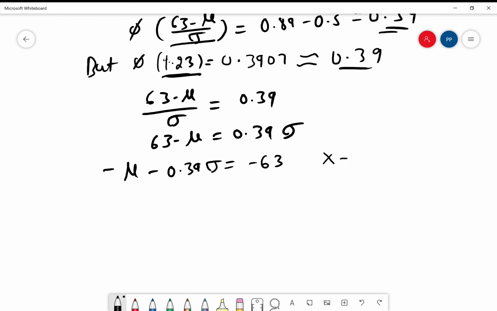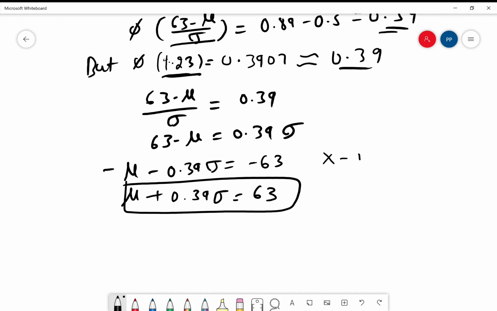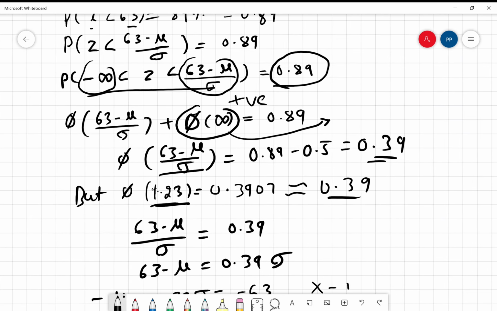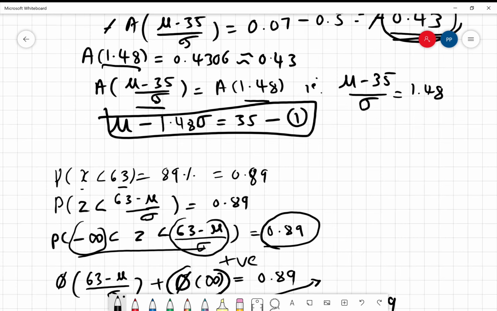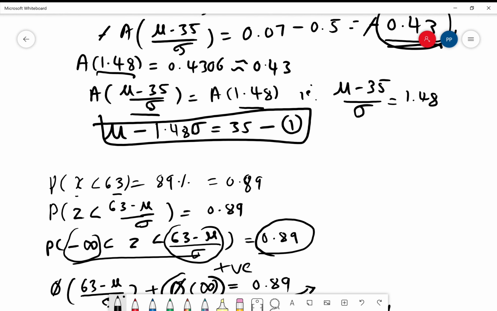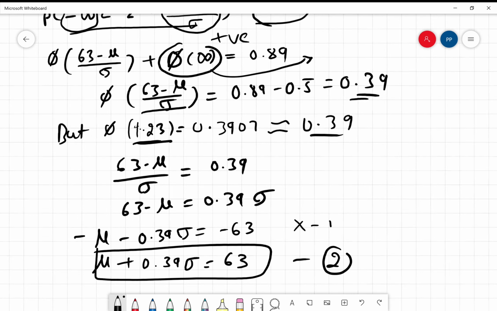Multiplying by minus 1, we get mu plus 1.23 sigma equals 63. This is the second equation. Now these are equations in mu and sigma. Equation number 1 is mu minus 1.48 sigma equals 35, and equation 2 is this.